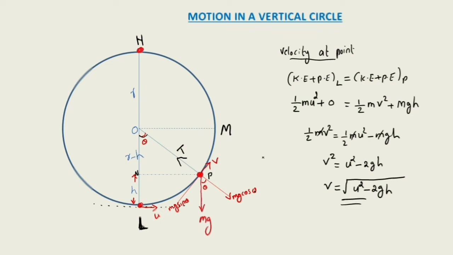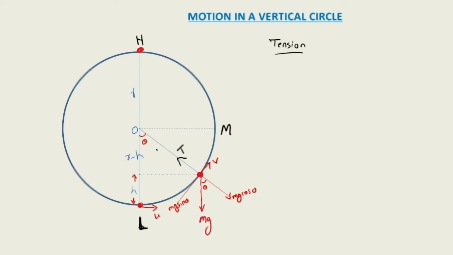Now let's calculate the tension at that point. When the object is revolving, or simply rotating, in a vertical circle, there is a force acting towards the center, and that is called the centripetal force. Centripetal force Fc is equal to m v square divided by r. You have already learned this formula. Now what is the net centripetal force here?